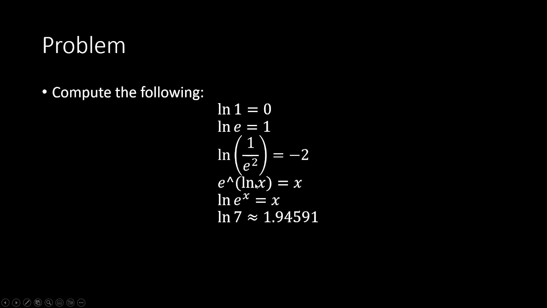This e and natural log cancel out and give you x. This natural log and e cancel, giving you x. These are the same thing. And natural log of 7 is approximately this number, and you can only get that by calculating.